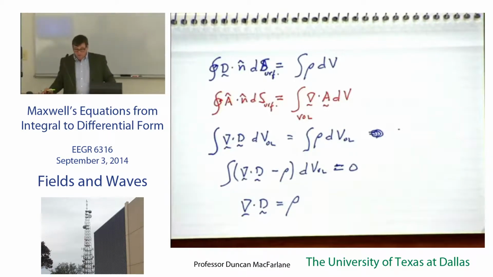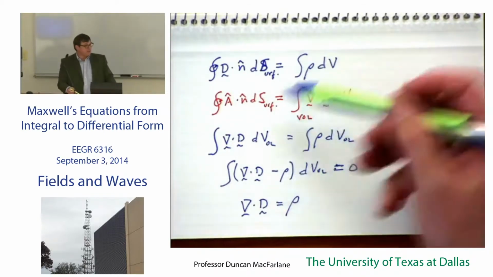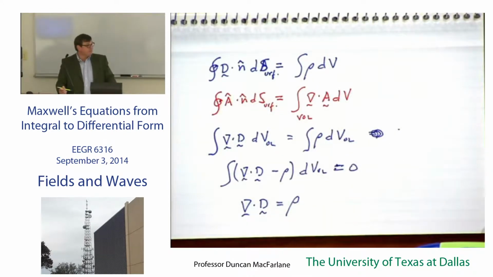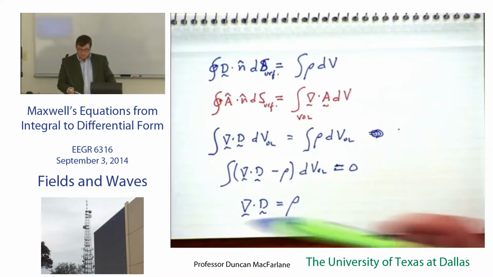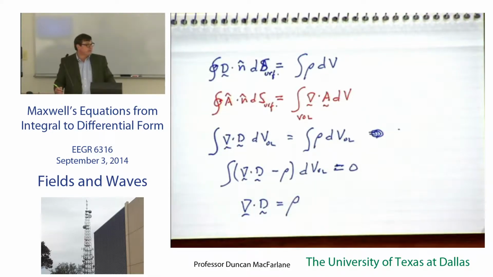Okay. So this line of using the divergence theorem allows us to rewrite Maxwell's equation in integral form into a Maxwell equation in differential form. Along the way, it also gives a little bit more guidance as to what we mean by a divergence.